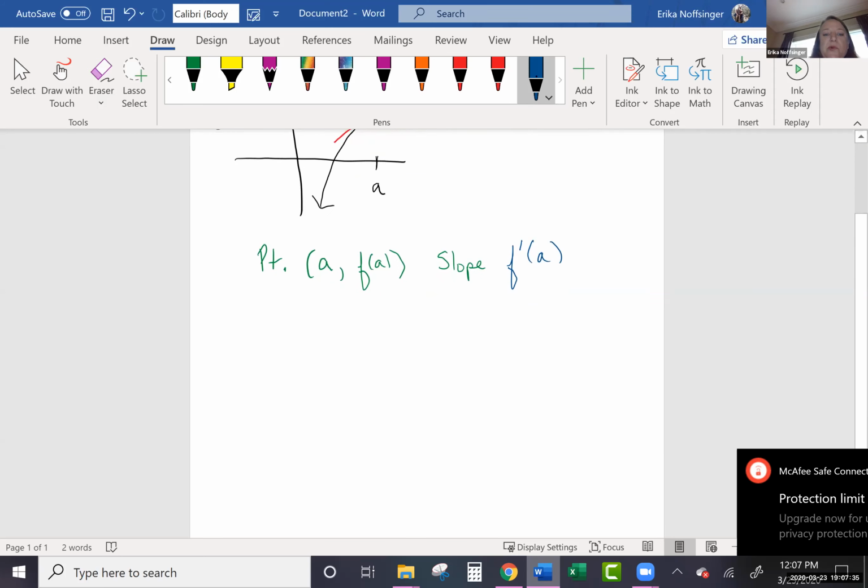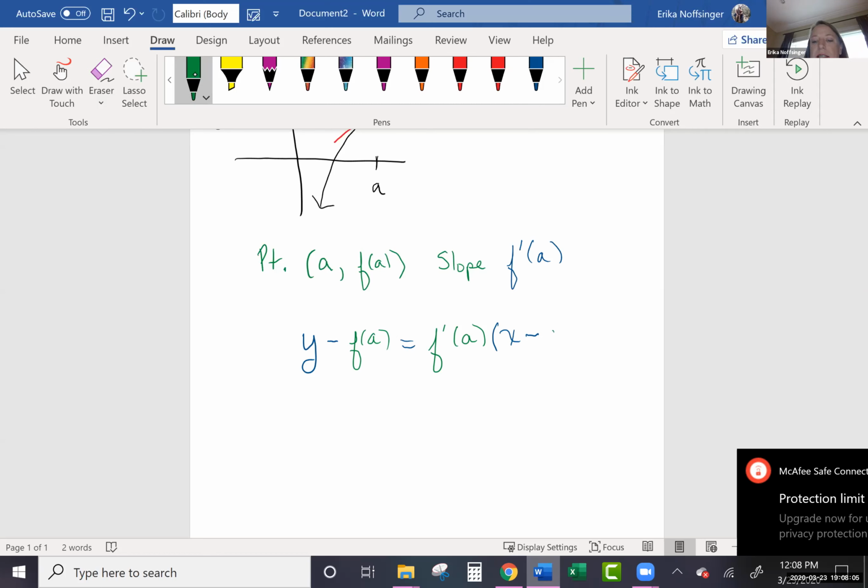This was y minus the y value of your point, which in our case is f of a, is equal to your slope, f prime of a, all times x minus the x value of our point, which in this case was a. And so we have our point-slope formula.